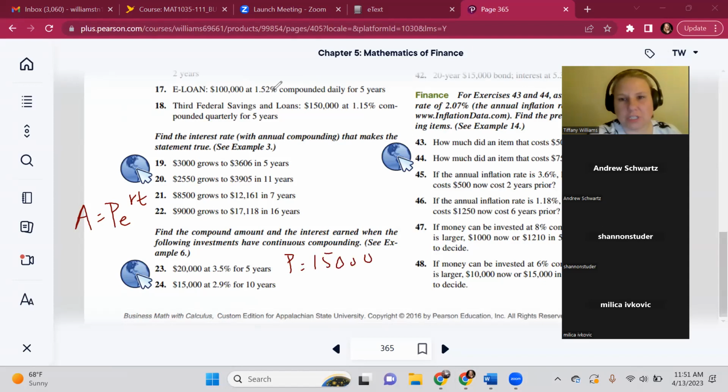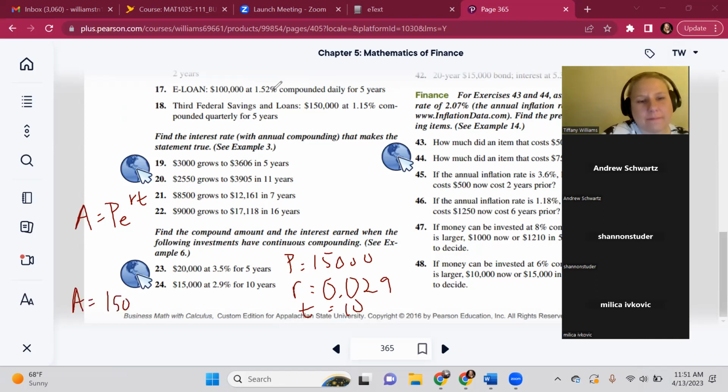E is just a number, so I'm going to leave it as is. Our R, 2.9%, is going to be 0.029. Our T is going to be 10. So now with all of that information, we're just going to plug it in. A equals 15,000 E to the 0.029 times 10.